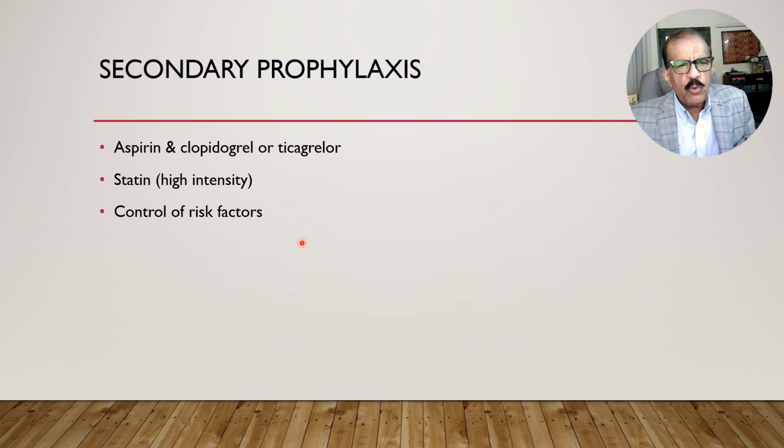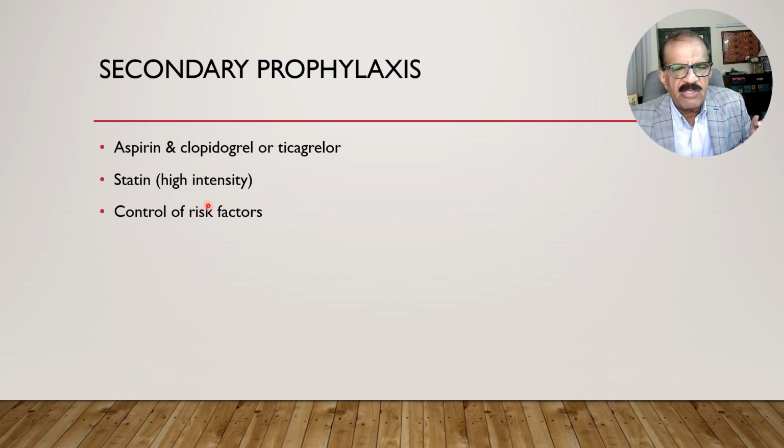So after you have managed a case of acute coronary syndrome, these patients need to be put on certain medication to prevent further recurrence. Aspirin should be prescribed, and many times we give aspirin and clopidogrel, both at least for 1 year. Statins should be prescribed even if the patient does not have hyperlipidemia.